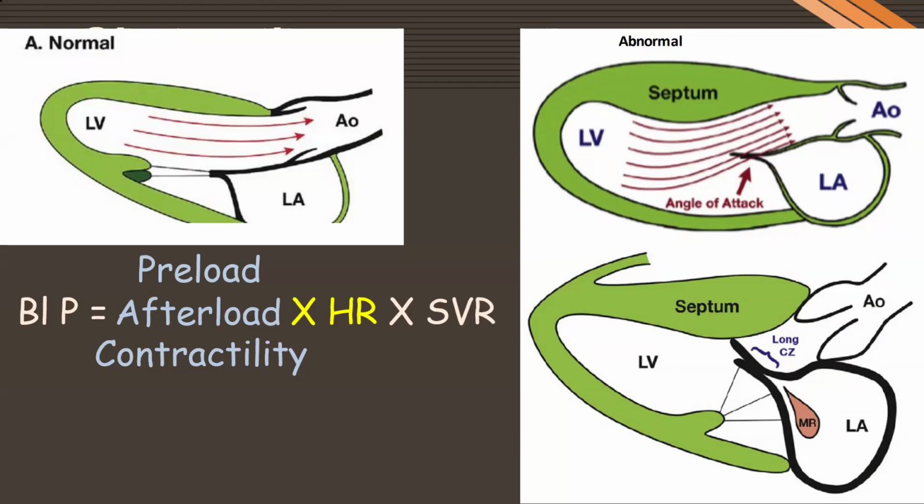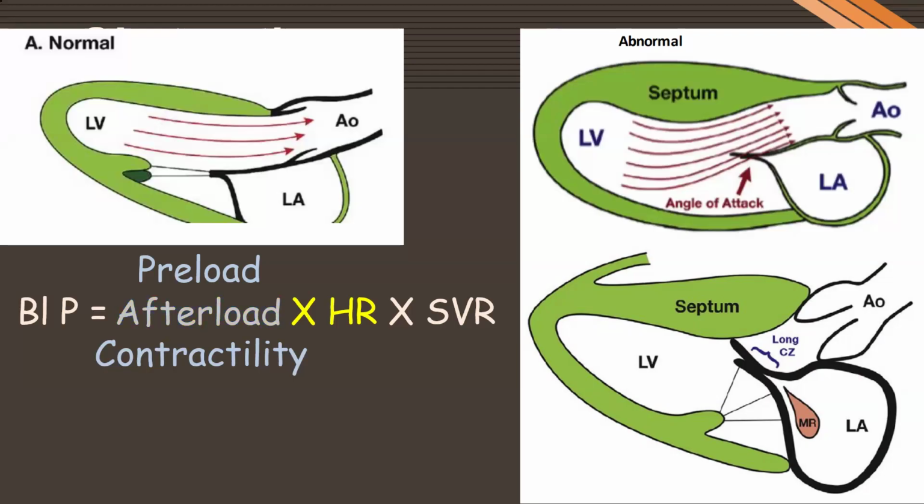Also, as you see here, it causes some mitral regurgitation. So the pathology in hypertrophic obstructive cardiomyopathy is quite complex. It starts with a sudden acute increase in afterload caused by the systolic anterior motion of the mitral valve that obstructs the left ventricular outflow tract.